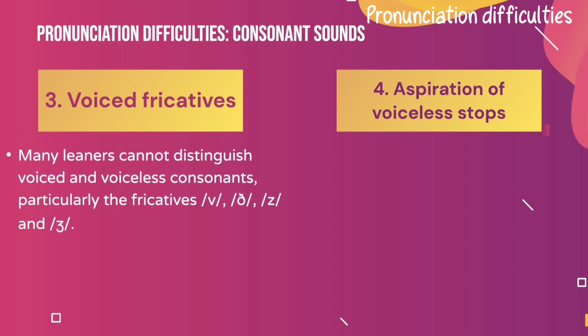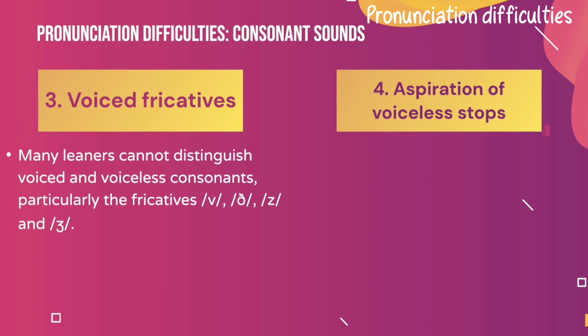For example, the word crab, C-R-A-B, sometimes learners might pronounce it with the voiceless sound, as well as the verb leave. Sometimes if the v at the end is pronounced voiceless, it might change the meaning to leaf, a part of the tree, right?